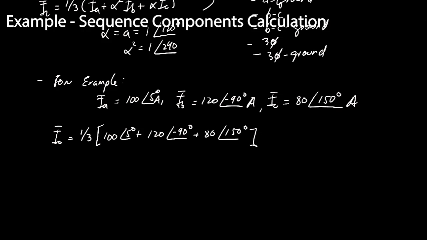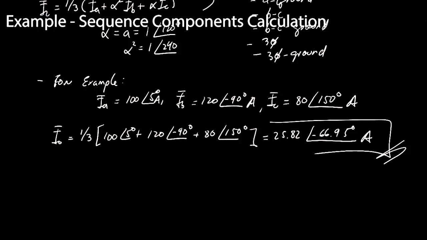If we add all of those together, the zero sequence current is equal to 25.82 at an angle of minus 66.95 degrees, in amps.